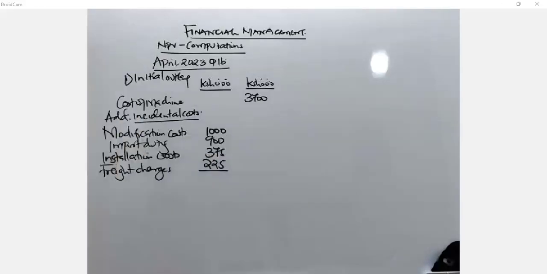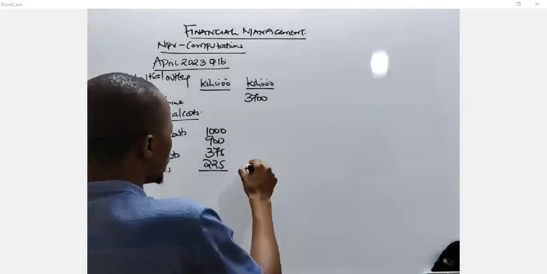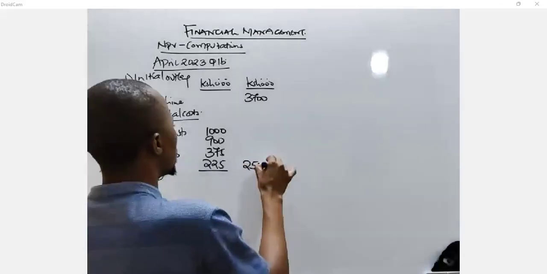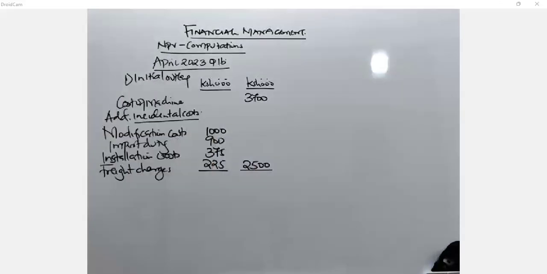Take your calculator: 1,000 plus 900 plus 375 plus 225 is 2,500. That is the incidental cost. So we need to get the total cost of the machine.